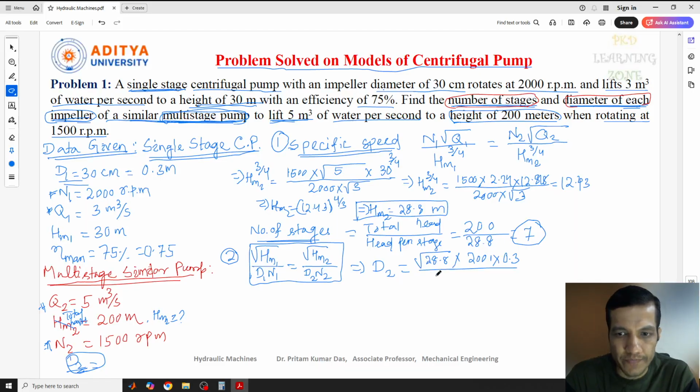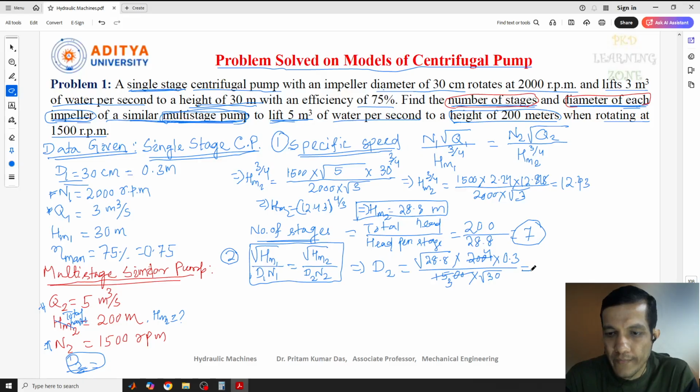So n2 is nothing but 1500, and along with that d2 is there. So d2 taken, along with that we have root over of hm1, so that is nothing but 30. Okay, so this will be cancelled, this is 3 and this will be 4, so this can also be cancelled and you can get 3.